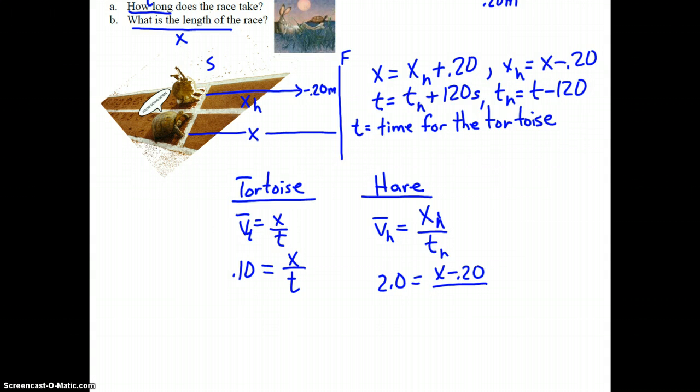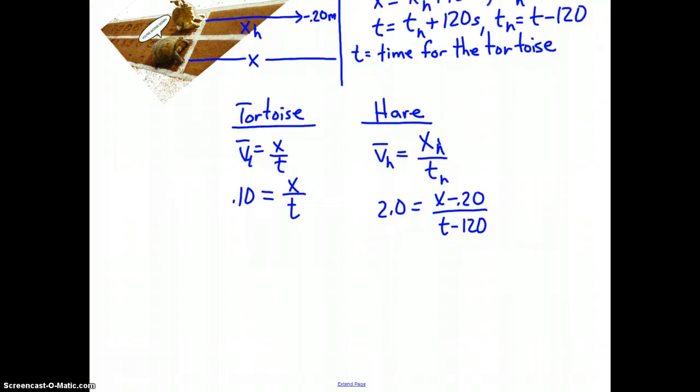And we'll substitute that value into th in the denominator down here. Continuing on, we have 2 times the quantity t minus 120 equals x minus 0.20.